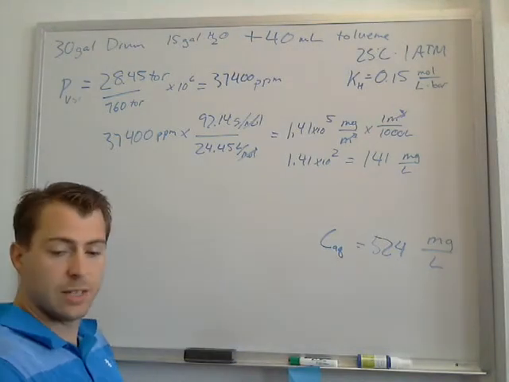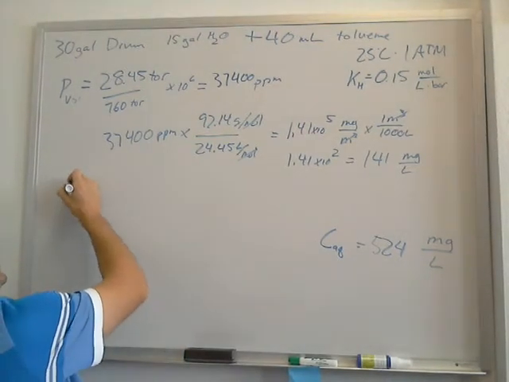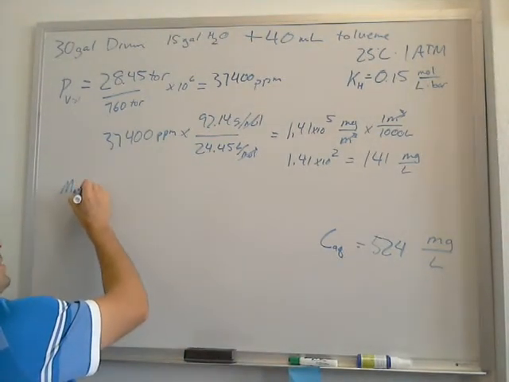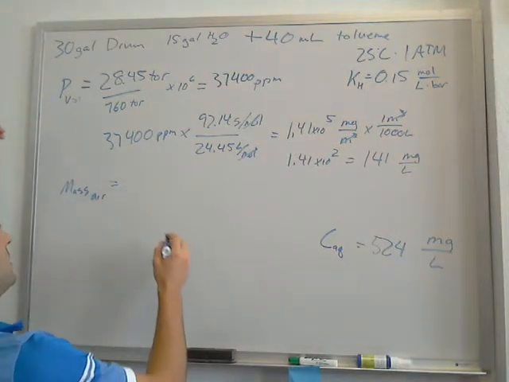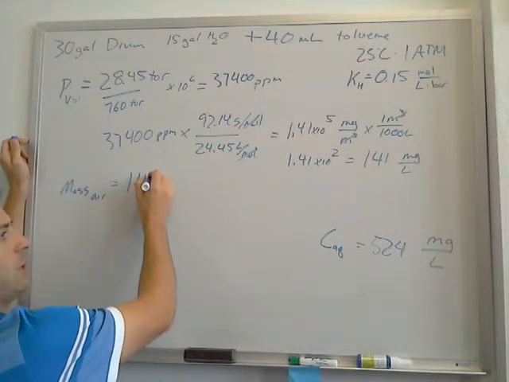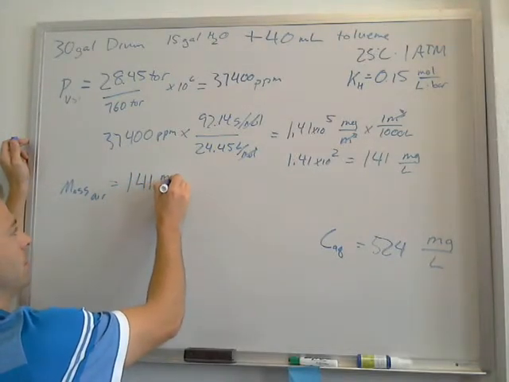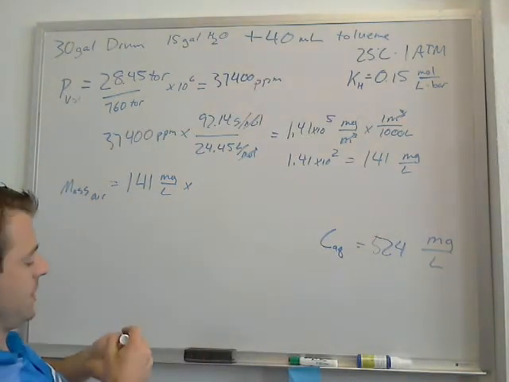So now we ask the question, does it all dissolve? So the mass in air, or in the headspace, is going to be equal to the concentration in the headspace, 141 milligrams per liter, multiplied by the volume of the headspace.